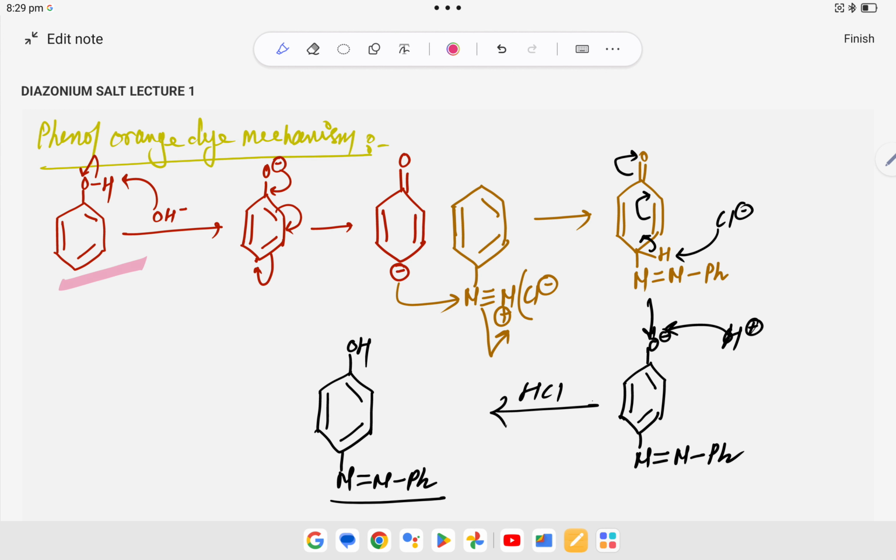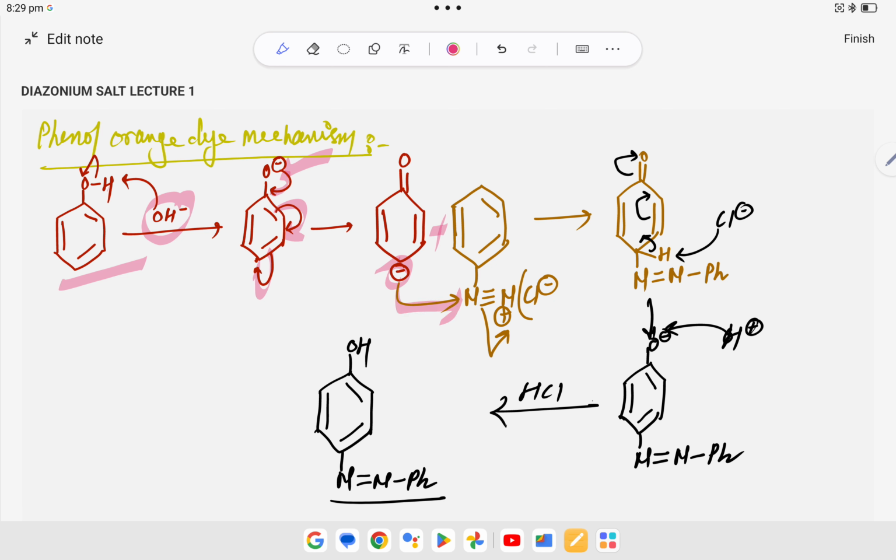So once again I am explaining. Here phenol, OH minus will approach the hydrogen, then oxygen is getting negative charge, then these electrons shifted here, these electrons shifted here, so this carbon is getting negative sign. Then diazonium chloride will come, and these pi electrons shifted here, chlorine will leave, and coupling will be done.